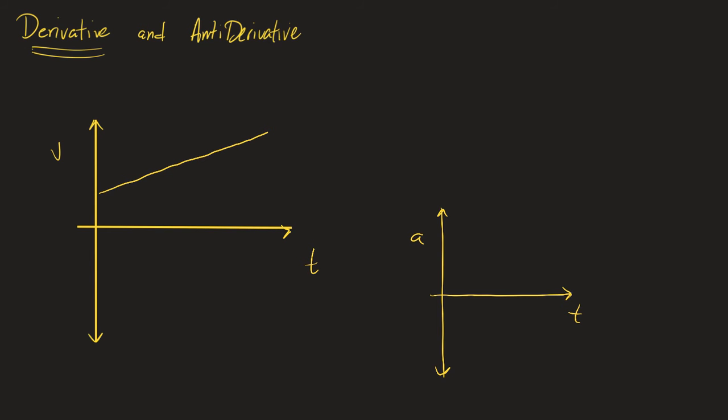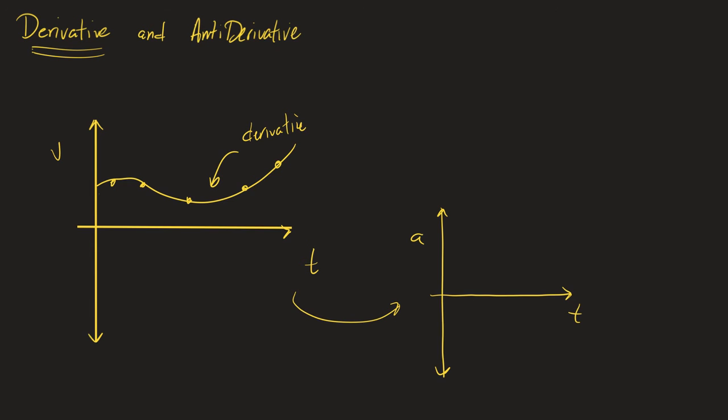Now, what I'm here to tell you about is that if I have a function, no matter how complicated it is, the derivative of this function will be a new function that tells me the slopes at every point on this function.